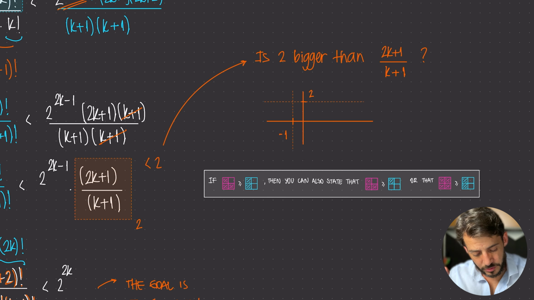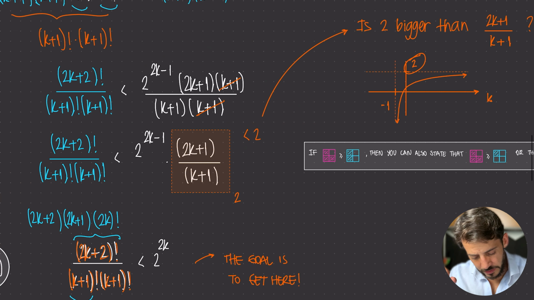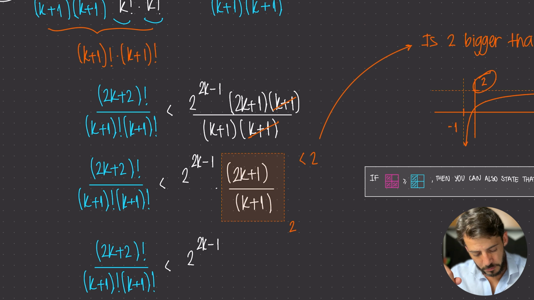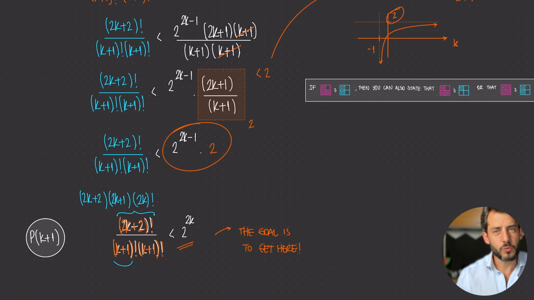And if you plot this graph, you see that for positive values of k, there's an asymptotic behavior which makes it approach 2 but never touch it. Therefore, 2 is actually bigger than this, meaning that we can replace it by 2. Therefore, by multiplying 2^(2k−1) by 2, we get to our goal, which is 2^(2k) on the right-hand side.